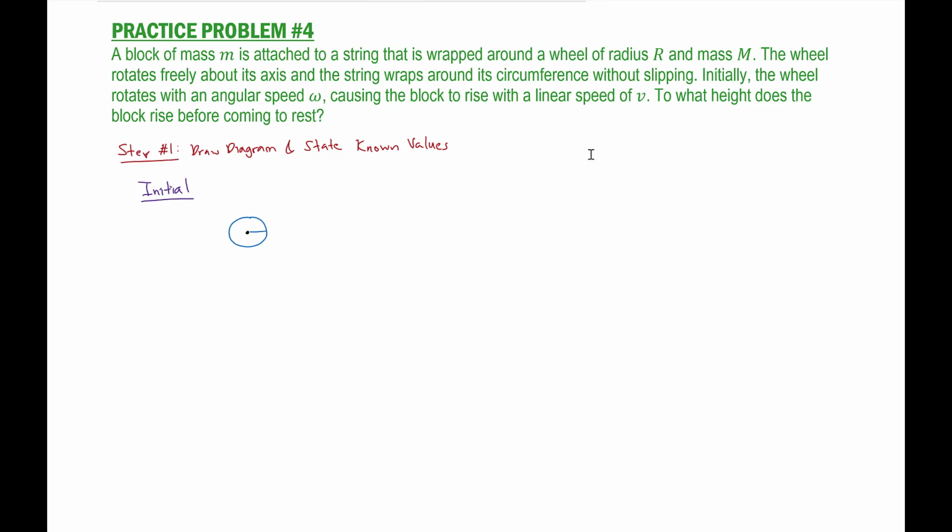This pulley has a radius of capital R, and it has a mass of capital M. It also has an angular speed of omega that we know. And let's say that the counterclockwise direction is positive.